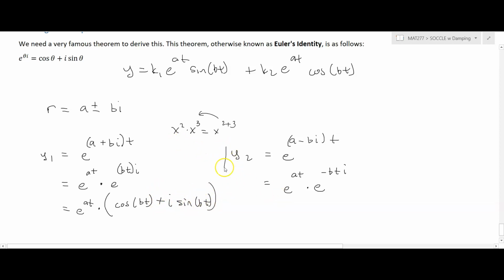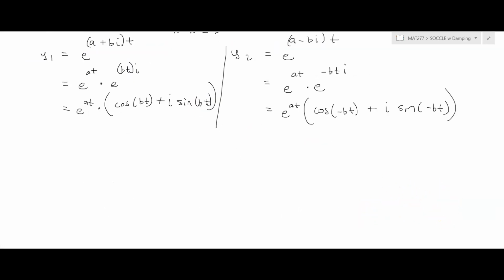And the same thing will apply over for y2. That will be e to the at, but multiplied by cosine of negative bt plus i sine of negative bt. So there's our y1 and there's our y2.